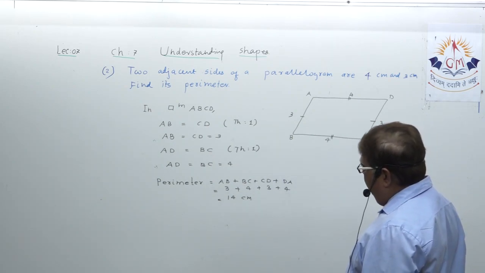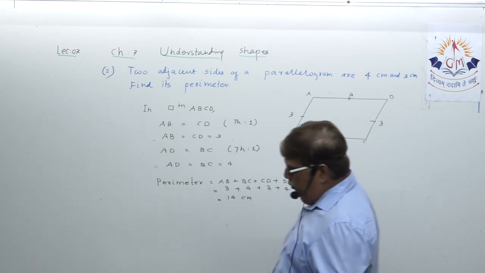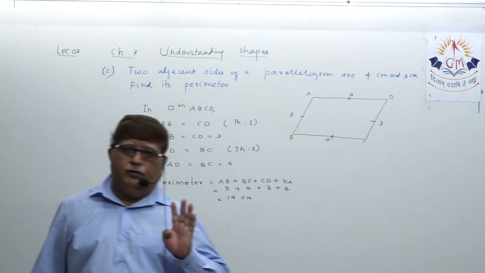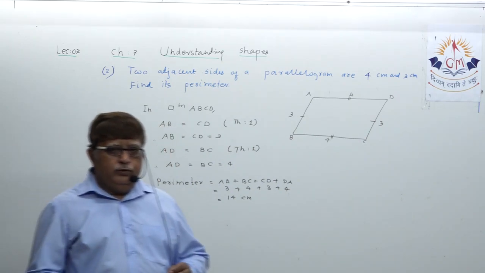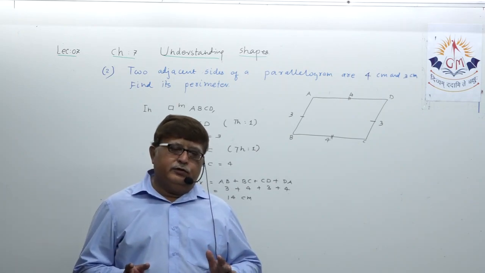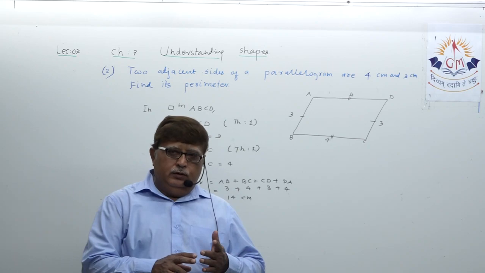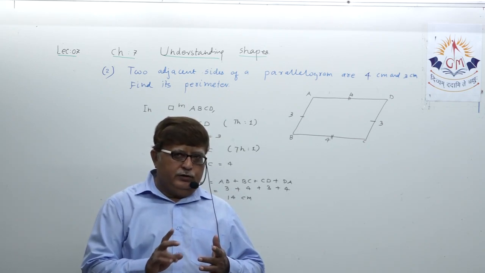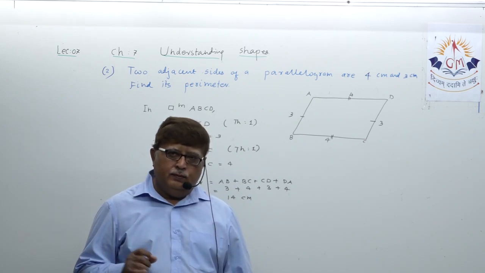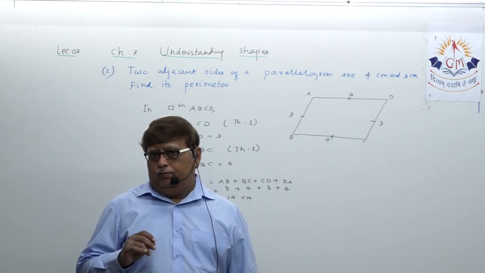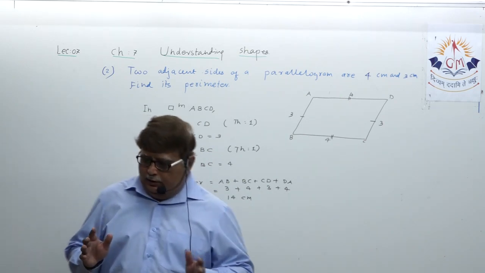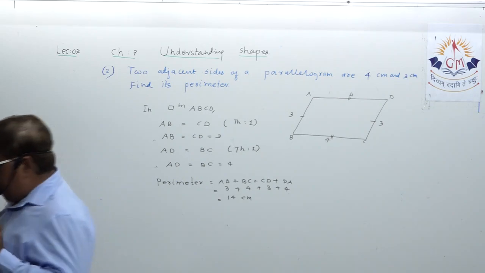But my dear student, what is important for you is that you are in command of the 4 properties of parallelogram. Opposite sides are congruent, opposite angles are congruent, diagonal bisects the parallelogram, as well as diagonals of parallelogram bisect each other. You are in actual command of the 4 properties.